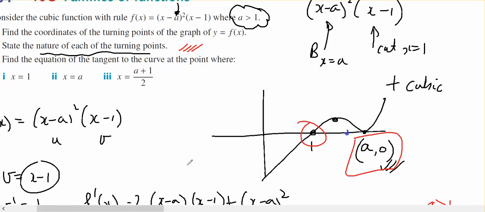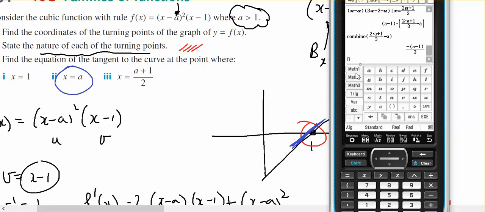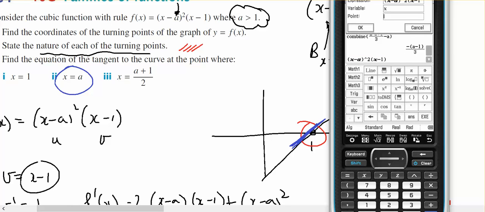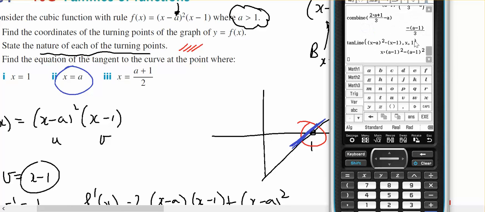Find the equation of the tangent of the curve at these points. I know that at this one, it's going to be y equals 0. But this one's going to be a gradient like this, so I'm going to use my calculator to do this. So I've got (x minus a) squared times (x minus 1), and I'm attaching a tangent at 1, and that gives me that equation.